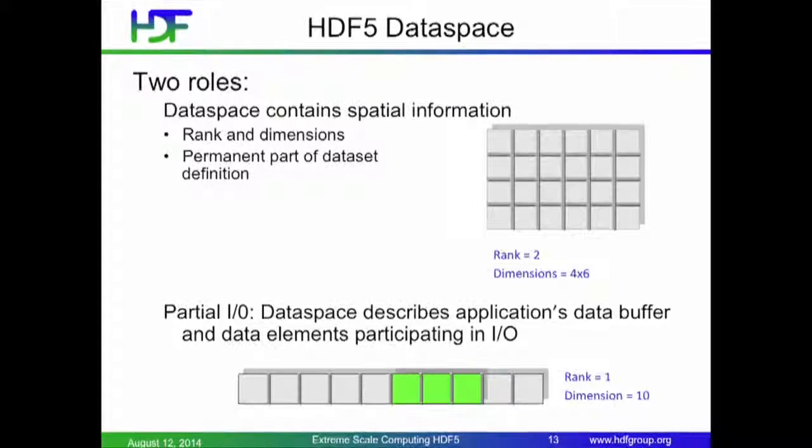It contains spatial information, so the rank and dimension of the array, and it's a permanent part of the data set, or it can describe just a partial part of your data set. So you can see in green here, you have your whole data space. You can also define a subspace of this. Here in green, this would be a rank 1 by 10, and you just want these elements. You could describe this as your data space.